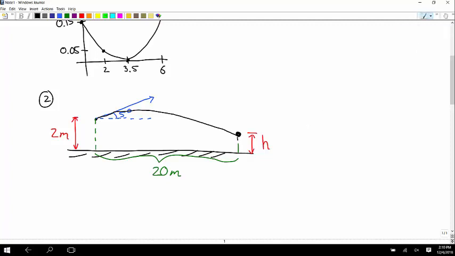So first I'll put the coordinate system on the ground beneath where the ball is at time equals 0. Time equals 0 is when it's thrown. Time final is when it's traveled 20 meters horizontally.